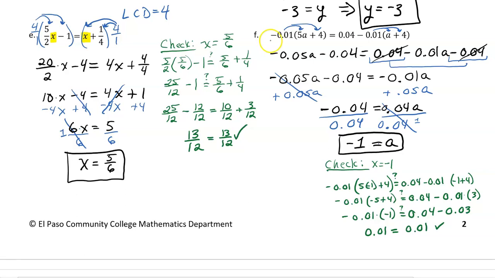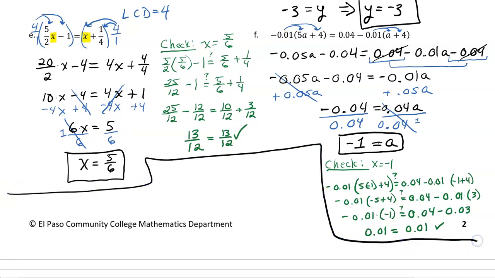If I take my original equation, the negative 0.01, another way we can say that decimal, and in fact all the others as well, is in terms of the place value.